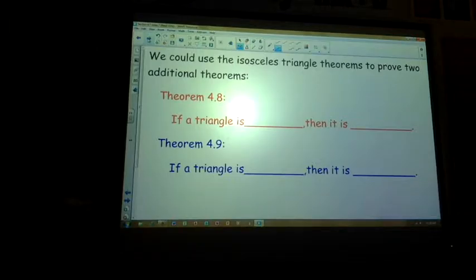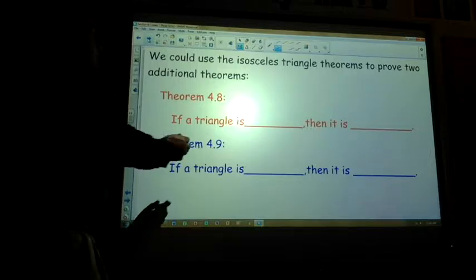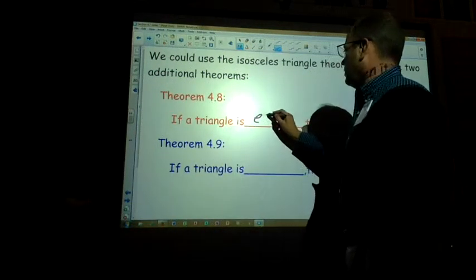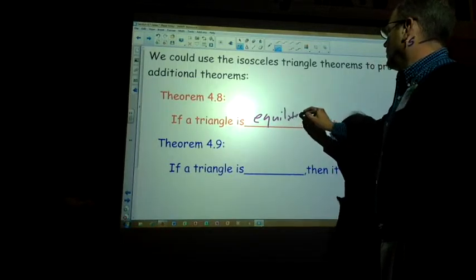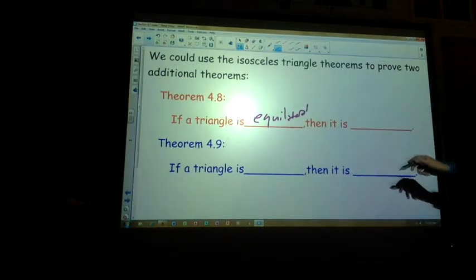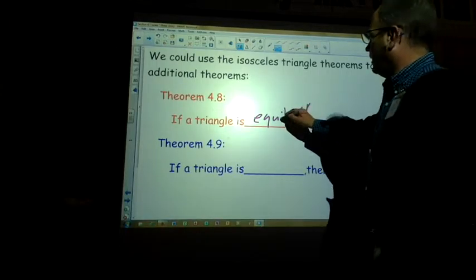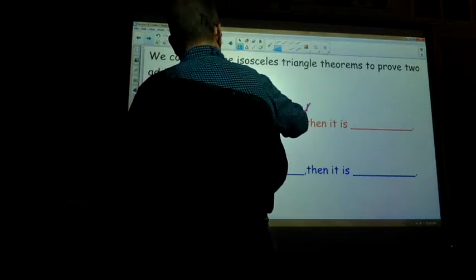Now let's get back to this though. We could use the isosceles triangle theorem to prove two additional theorems. If a triangle is blank, then it is, I don't know, what do you think? So, if a triangle is equilateral, then it is... What if we said equiangular?